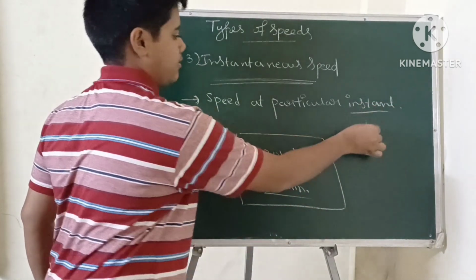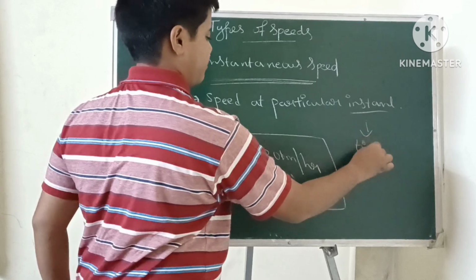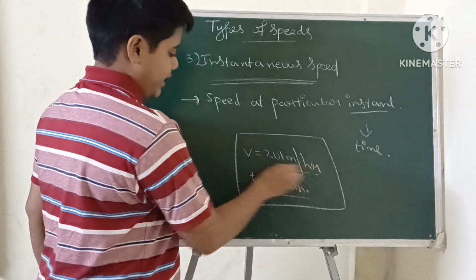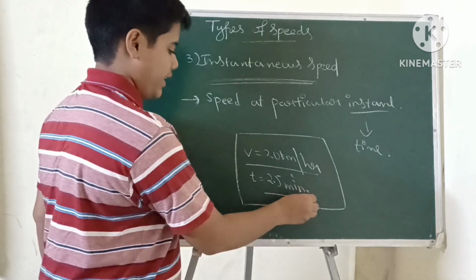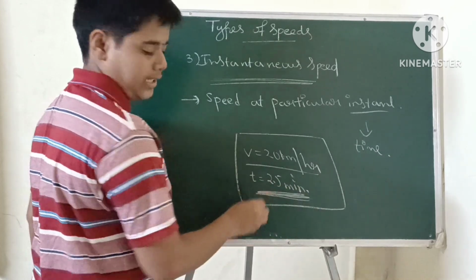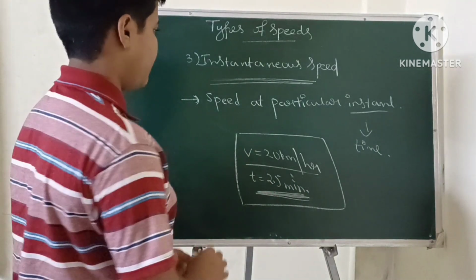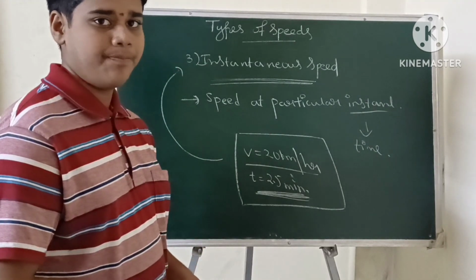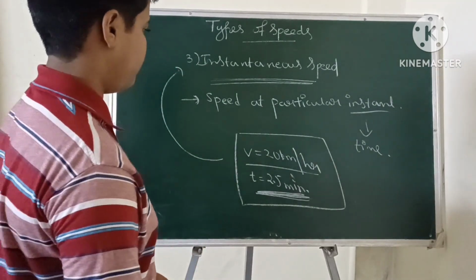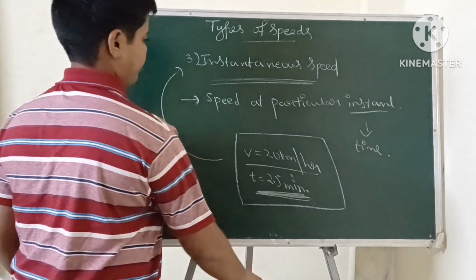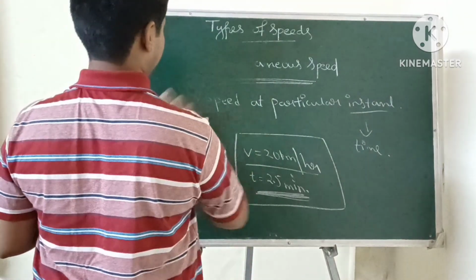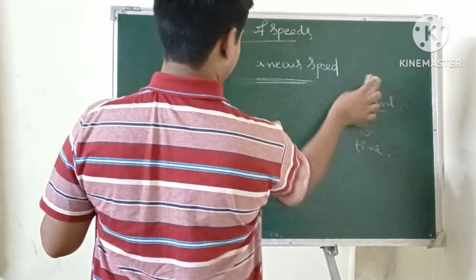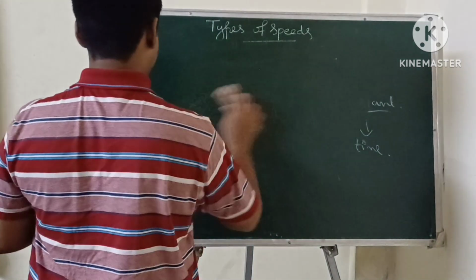Instant is also known as time. Okay. Speed given at particular instant, particular time is known as instantaneous speed. Okay. And types of speeds is completed.